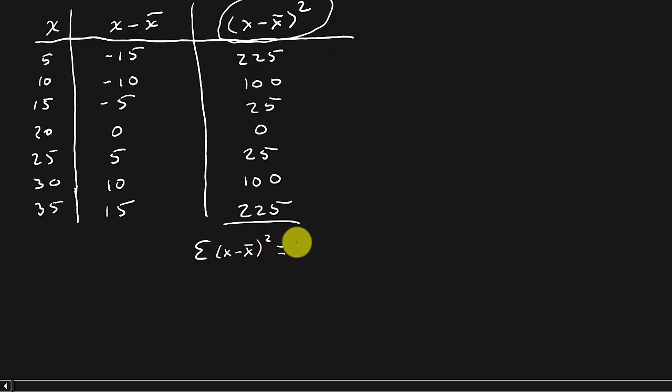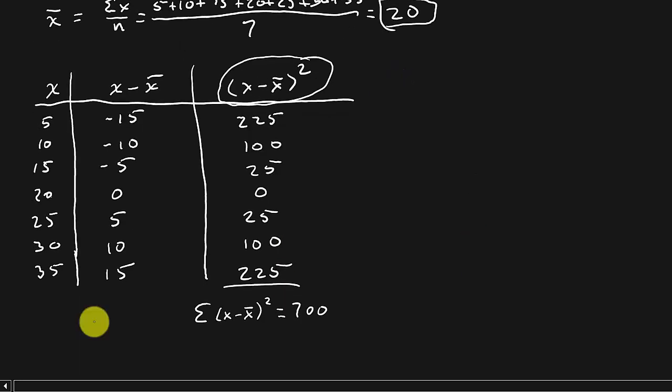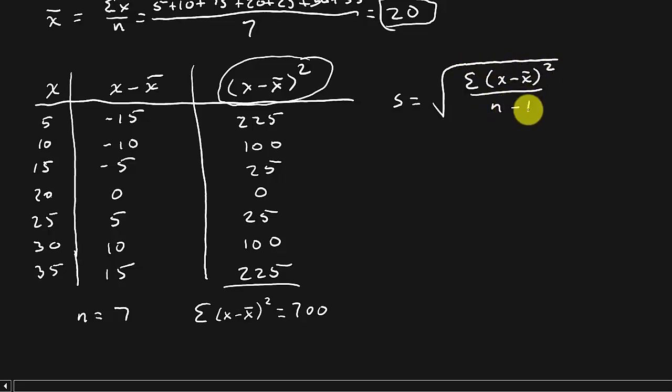So if we sum that column, we get 700. All right. And we know that n is equal to 7. That's how many data values we have. So now let's plug all this in. So I get s is the square root of the sum of x minus x bar squared over n minus 1.